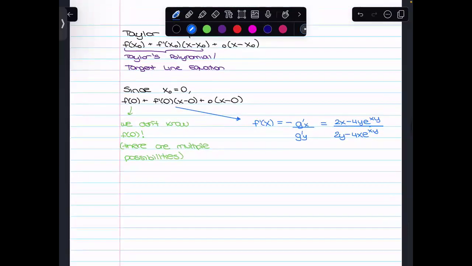So we can plug in our point. And also I was forgetting the minus sign here. Let's see, we're going to get 0 and then minus 4y e to the 0.